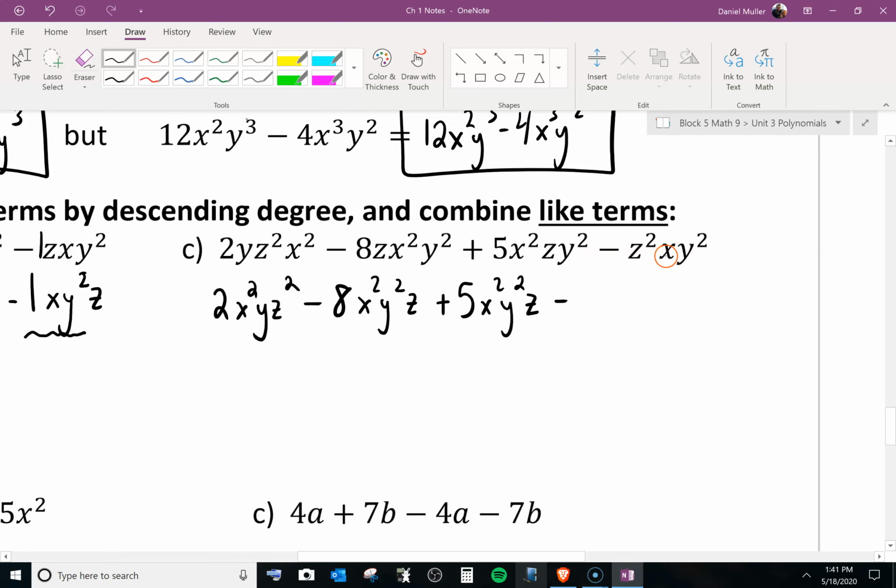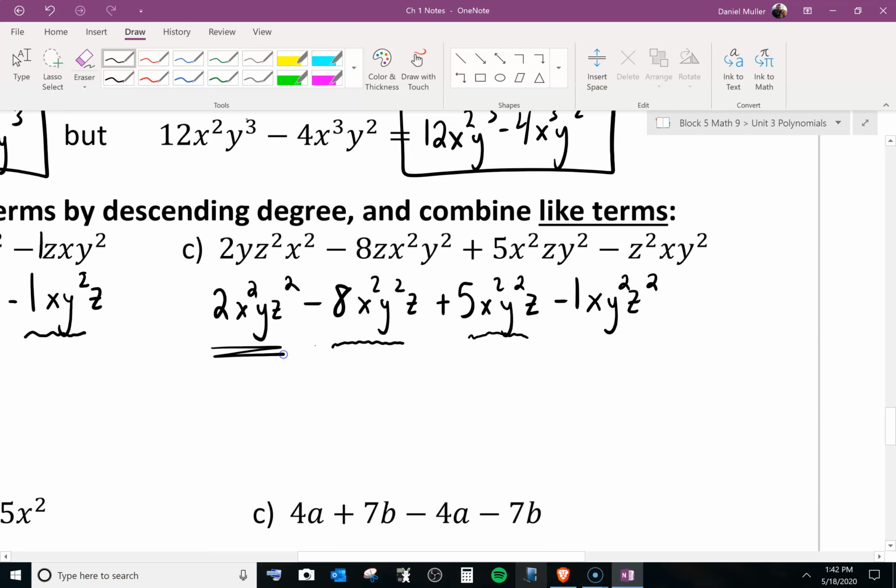Minus an x, and then a y squared, and a z squared. And I'm going to write a 1 down. So I have to really pay attention here and make sure which ones are alike. So there's this one, x squared y squared z, and this one, x squared y squared z.